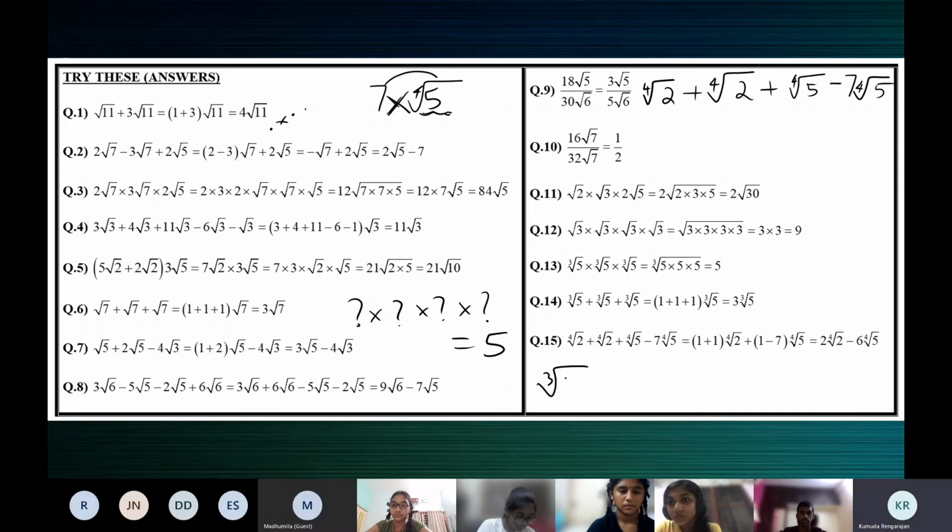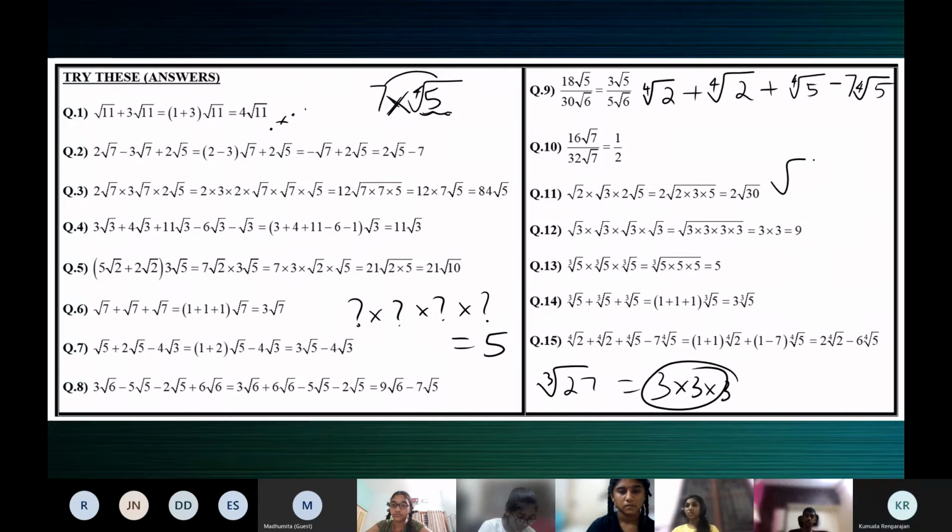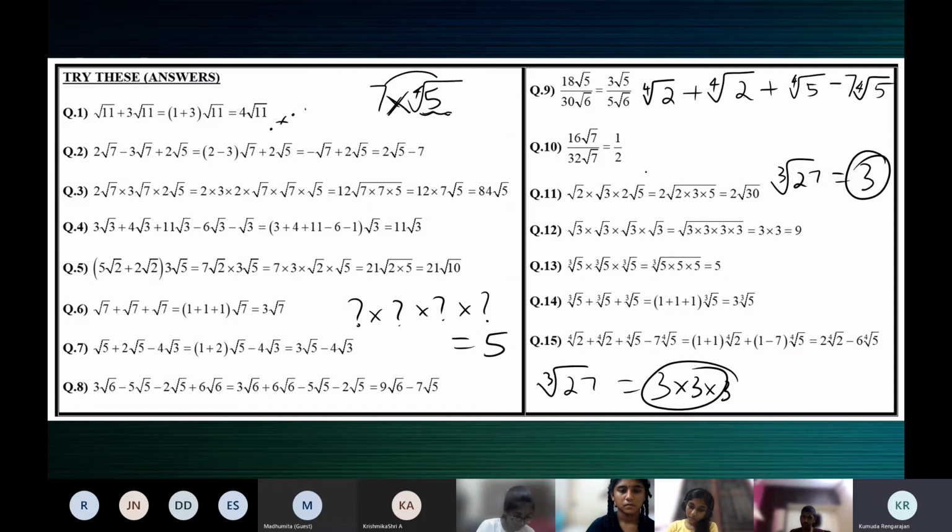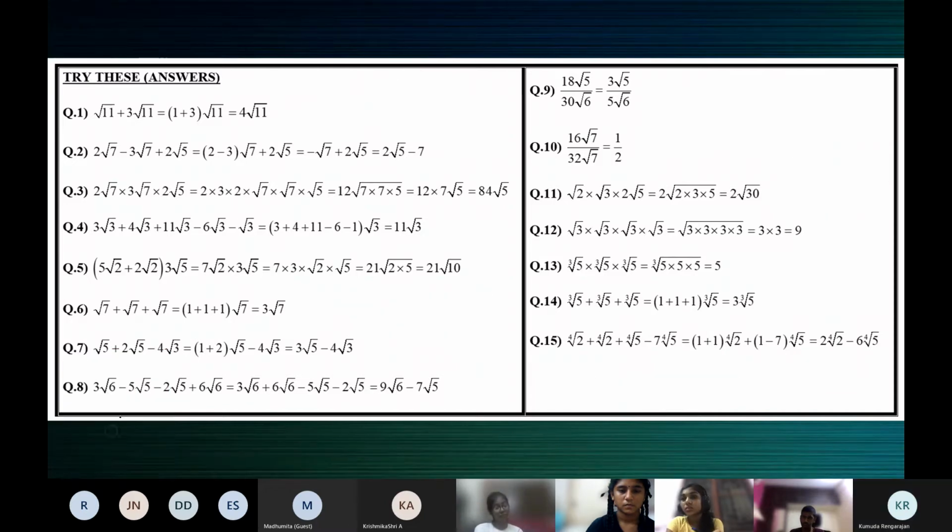Like we say the cube root of 27 is 3, because 3 multiplied by itself 3 times will give us 27. Similarly, fourth root of 5 means some number multiplied by itself 4 times should give you 5.